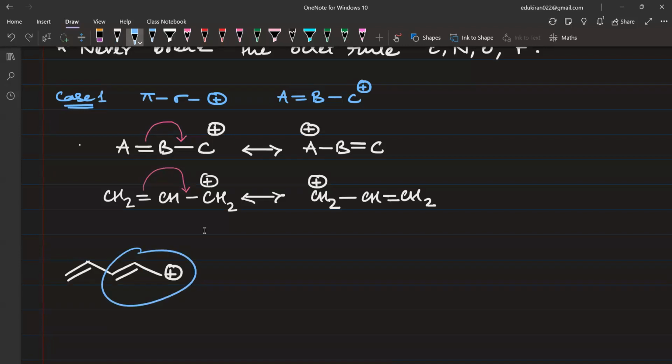So this pi will move here, and the next resonating structure that you're going to see has a double bond here as it is. In resonance, you will only focus there and deal with only one condition at a time. It's not that if you see pi sigma pi, you start doing pi sigma pi, okay? So if you have seen a positive charge, you will focus on the positive charges. We focus on charges first, right?